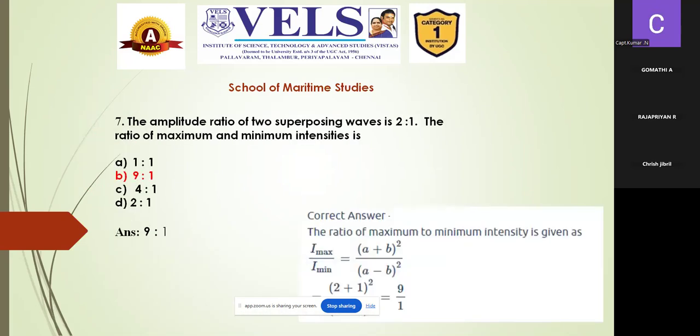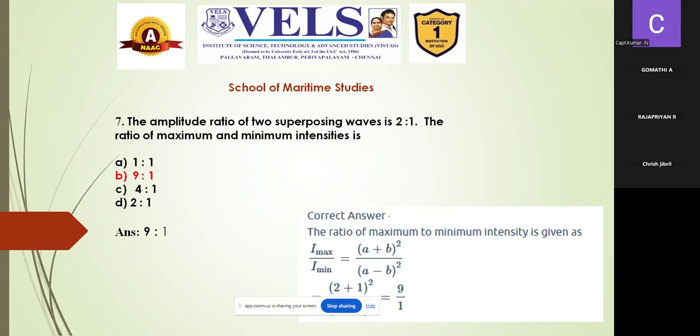The next question is, the amplitude ratio of two superposing waves is 2:1. The ratio of maximum and minimum intensity is. The formula is I maximum divided by I minimum, which is equal to (A plus B) whole square divided by (A minus B) whole square. Here A is equal to 2, B is equal to 1.